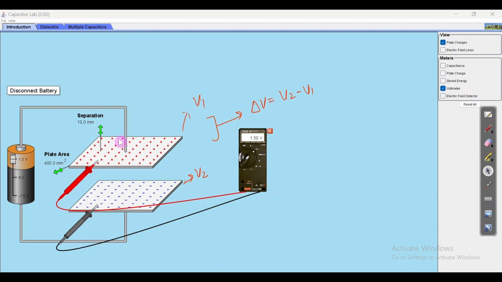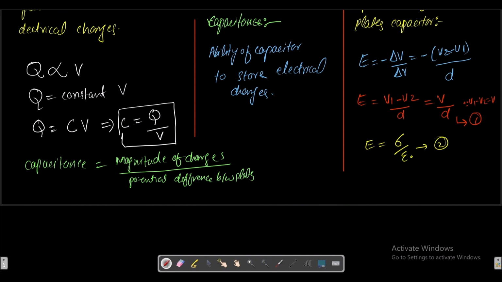On this plate there is not a single charge, but a large number of charges. So the concept of charge density comes into the picture, which is equal to the number of charges present per area, so charges per unit area.